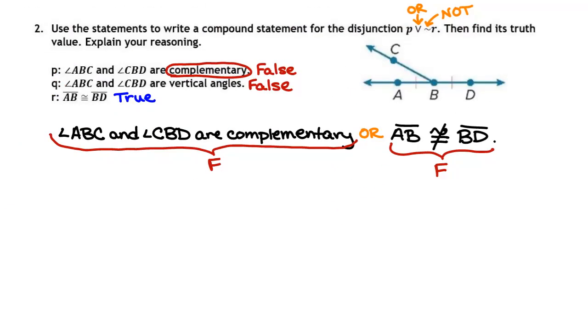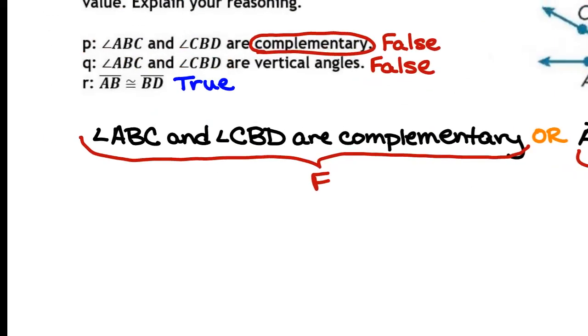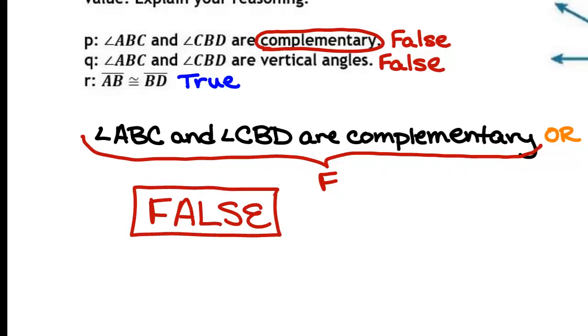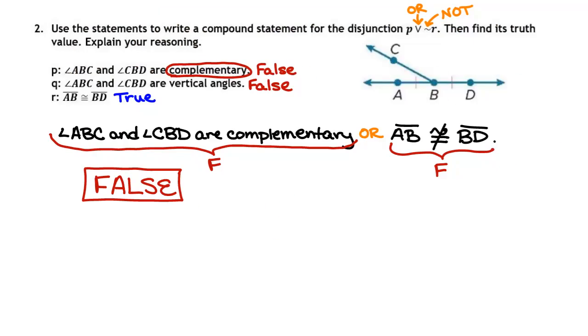For an or statement to be true, I need just one part of that whole statement to be true. Did we have any piece of that statement that was true? No, then this is false. If we had had even one part of it be true, then the whole thing would be true.